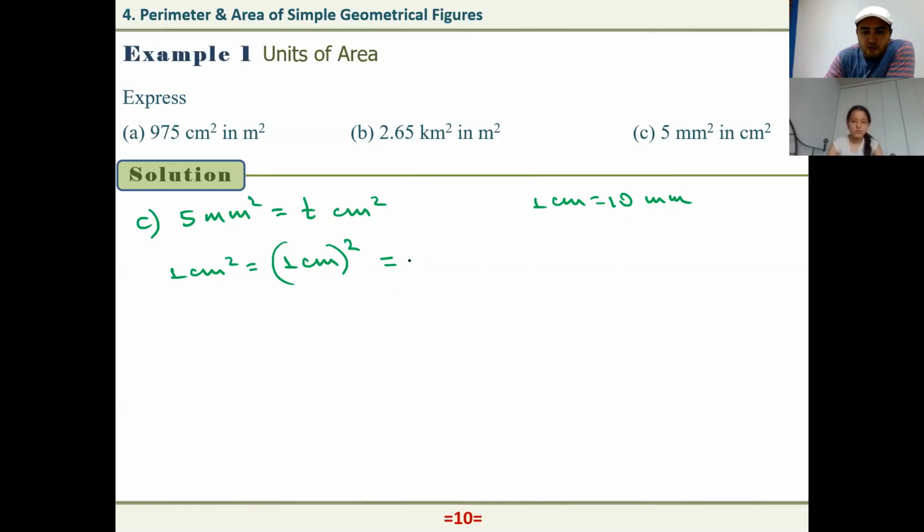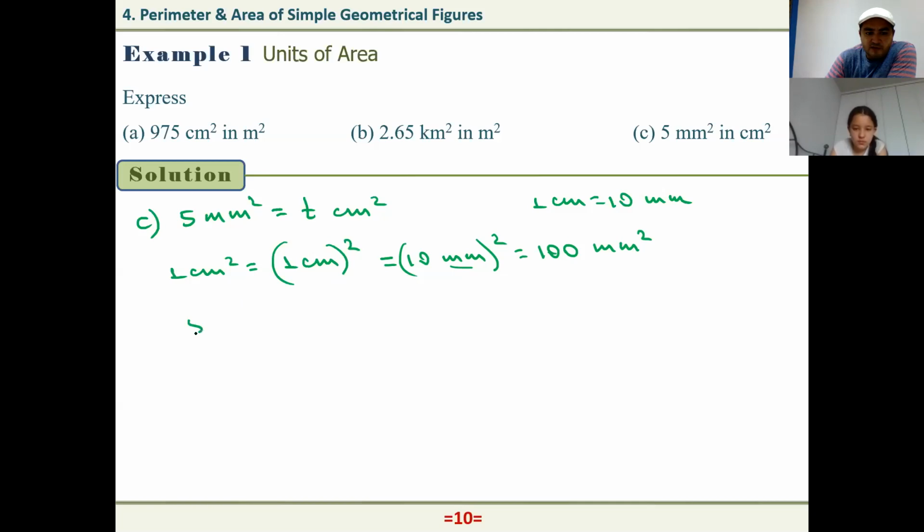So here 1 centimeter equals 10 millimeters. Here still I have a square. Now this square, what is 10 squared? 10 times 10, it is 100. What is millimeter times millimeter? That is millimeter squared. So now instead of this centimeter, I can write this thing.